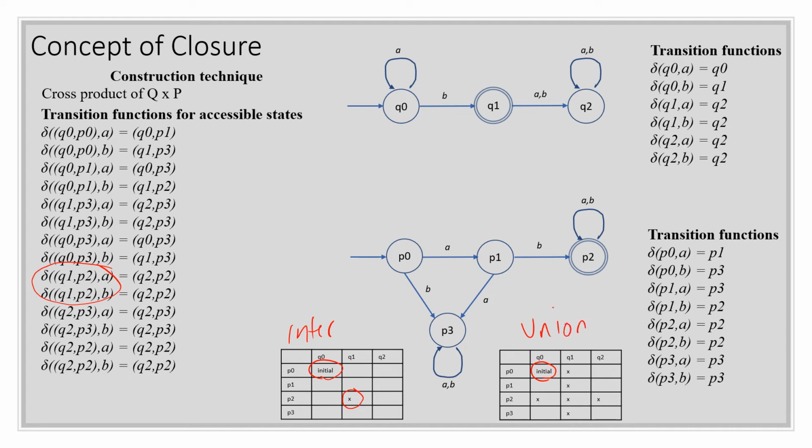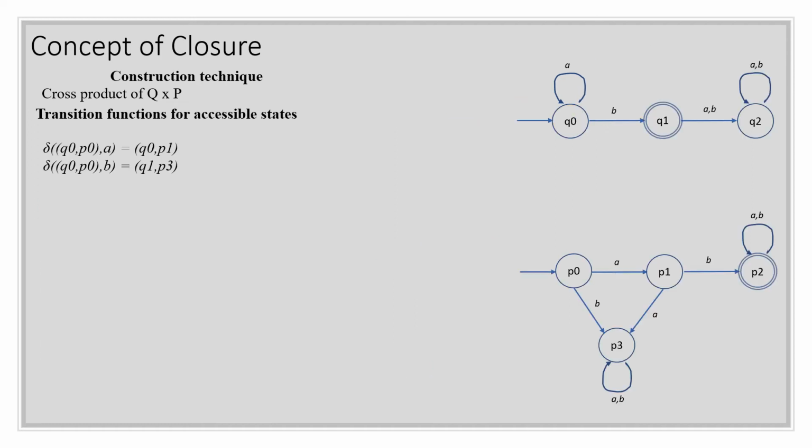All right, so next we're going to draw our new DFA. Here I'm just going over what would be the accepting states for intersection and which could be the accepting states for union. Now we're going to draw our new DFA. Instead of naming this state Q0, P0, I'm just taking the numbers.